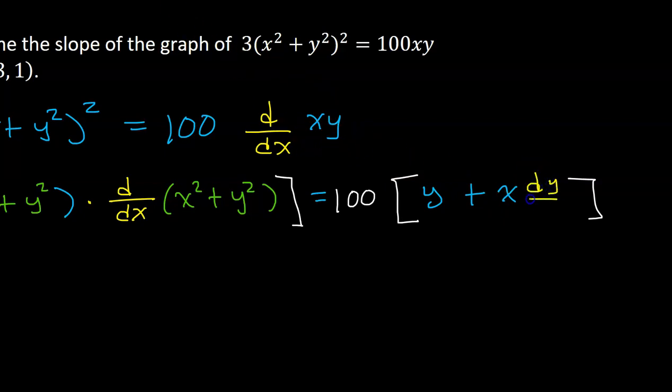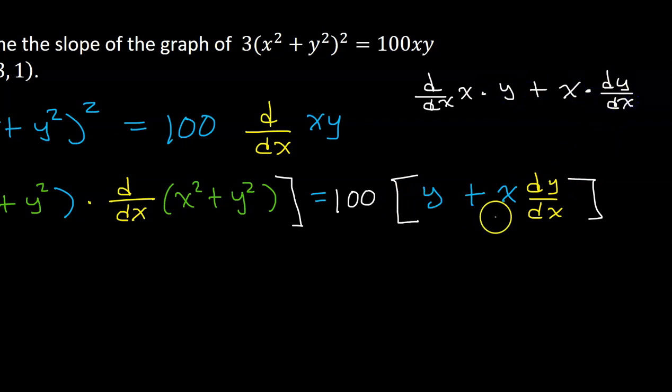So that will be dy dx. All right, do you understand? Do you follow what's happening here? I'm doing the derivative of x, and then I'm leaving y alone, and then I'm leaving x alone, and then I'm doing the derivative of y. Okay, so that's what happened.